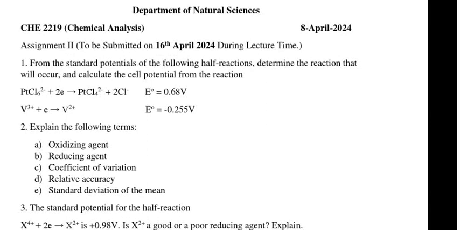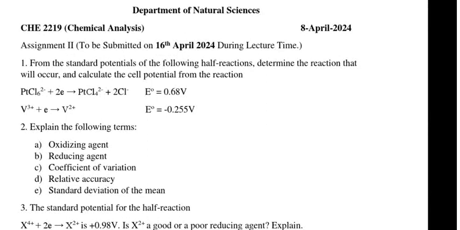So they're saying, come up with the overall reaction from these half reactions that have been given here and find out the cell potential. We've been given everything here, so let's find out what we can do.